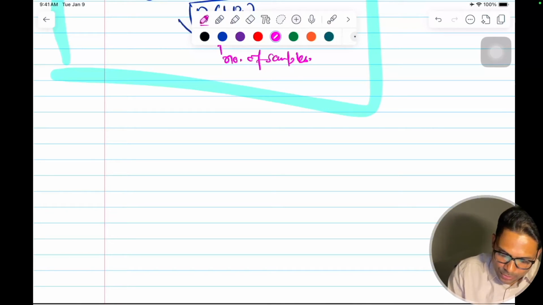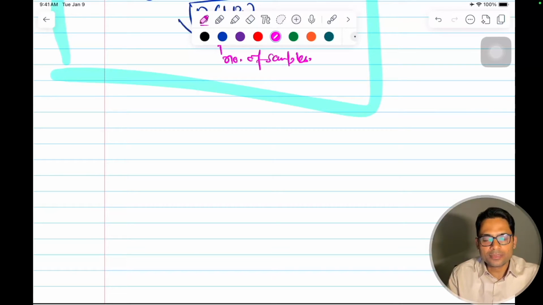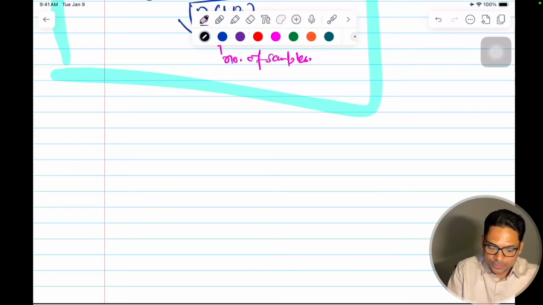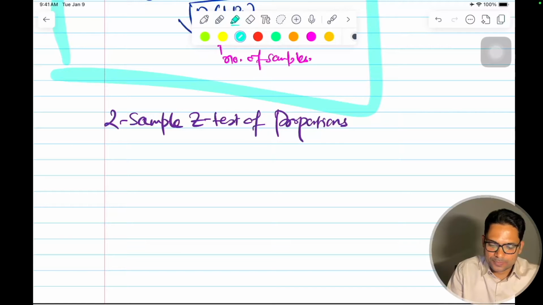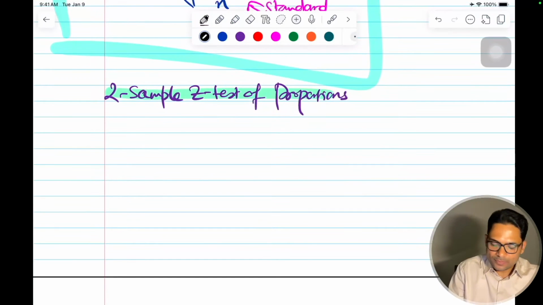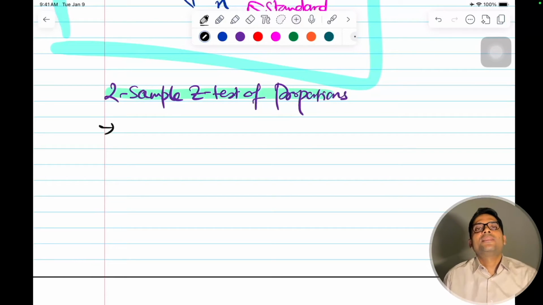So let's do the next one, the two sample z test of proportions. This tests if there is a significant difference between the proportions of two independent samples.